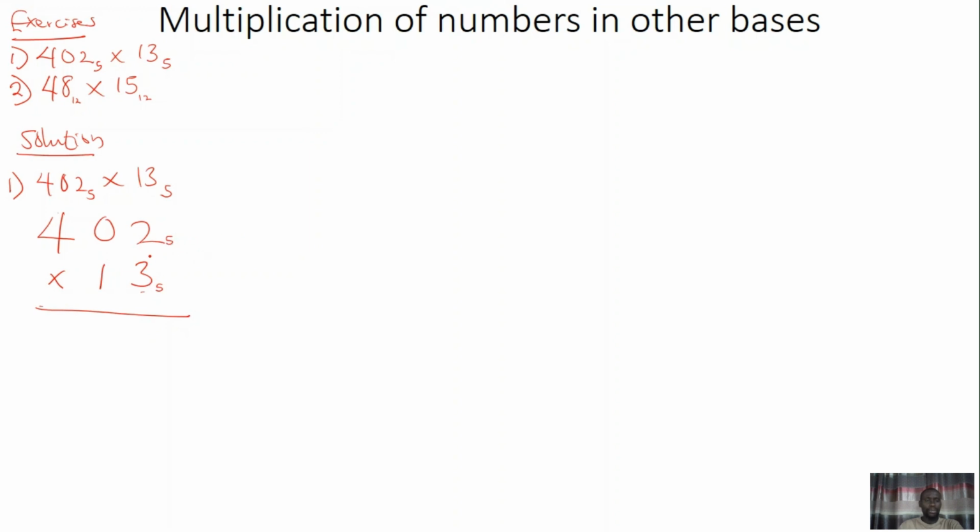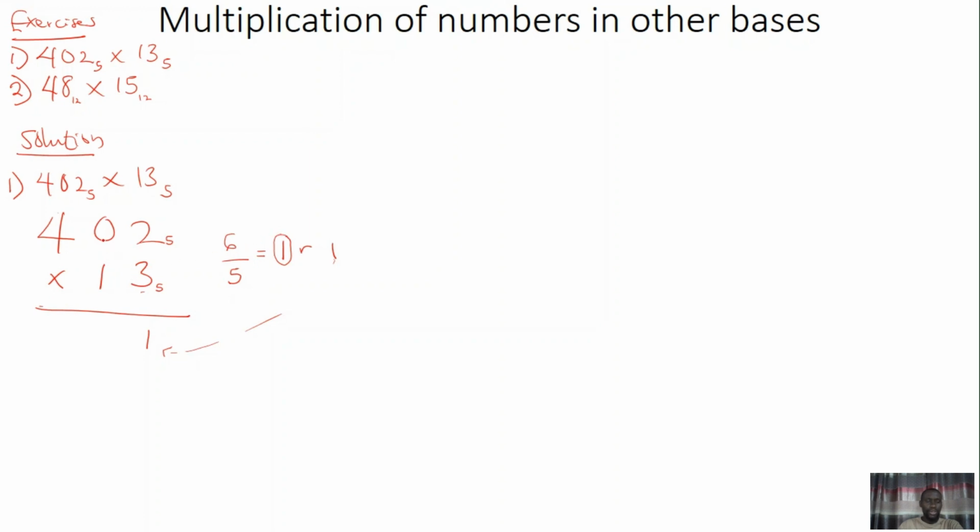So 3 times 2 divided by 5 is going to be 1, remainder 1. What we are going to write down here is the remainder, which is 1. Keep the 1 that is carried, we're going to use it next.